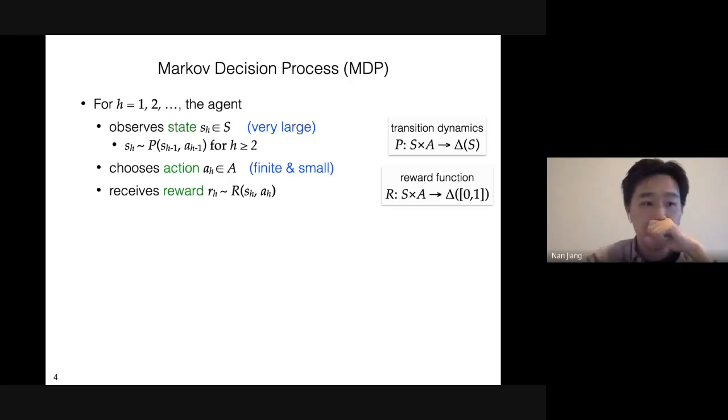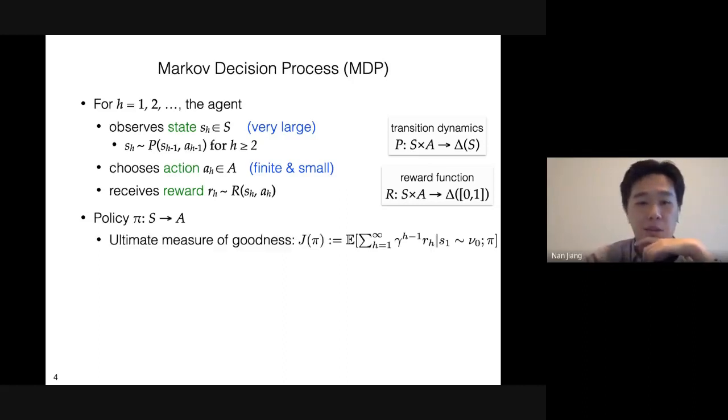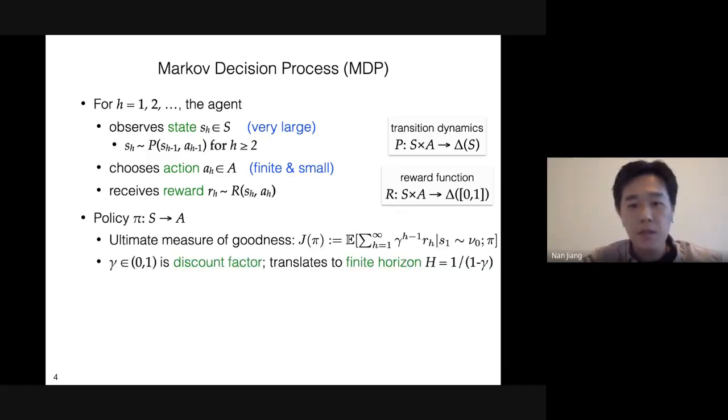Okay. And we'll be thinking about policies, right? So policies pi that map states to actions. And for each policy, the ultimate measure of its performance is defined as this J pi, which is the expected discounted return of this policy when we start from a particular initial state distribution mu 0.